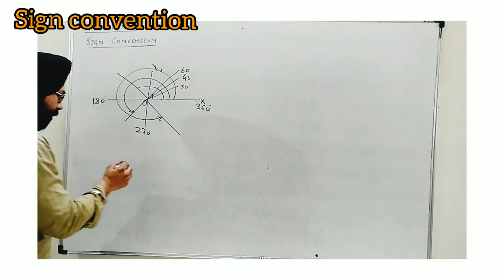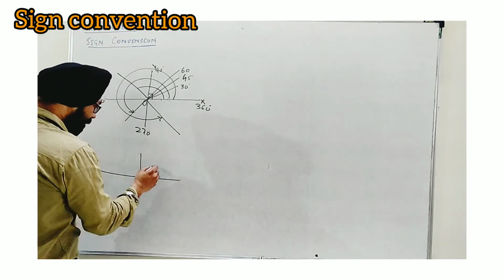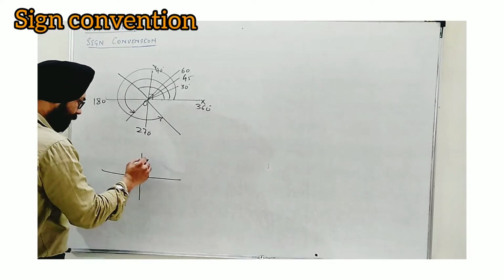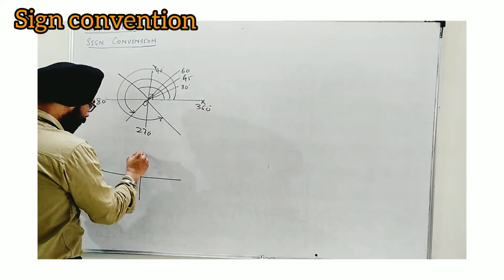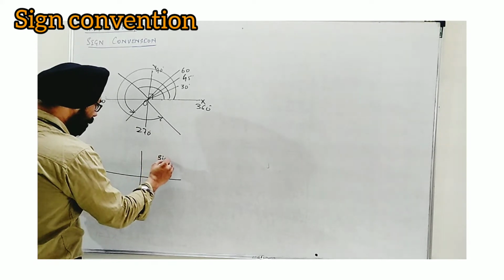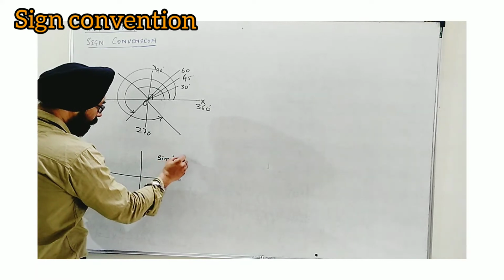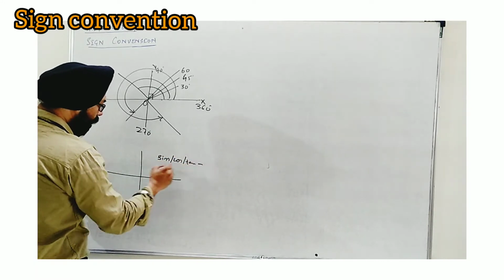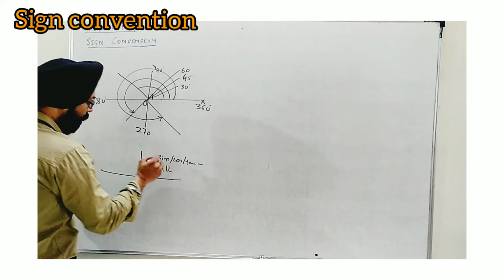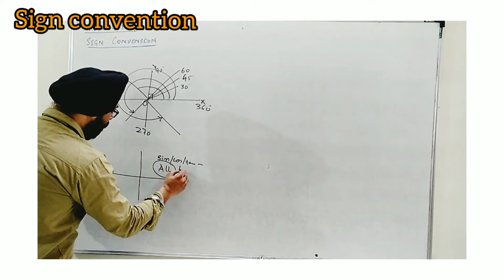We should see sign convention. As this is the first quadrant, in the first quadrant the sign convention rule says that sine, cos, tan and so on, all trigonometric ratios, all trigonometric functions are positive here.